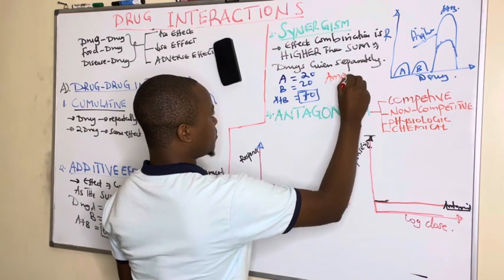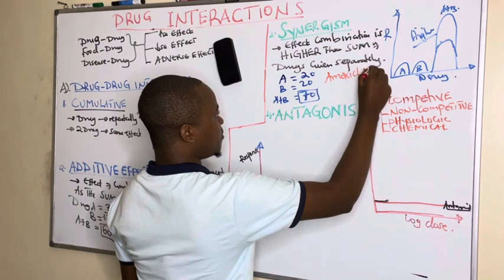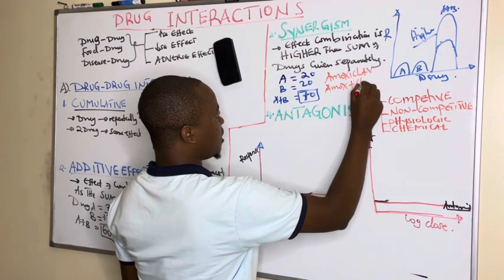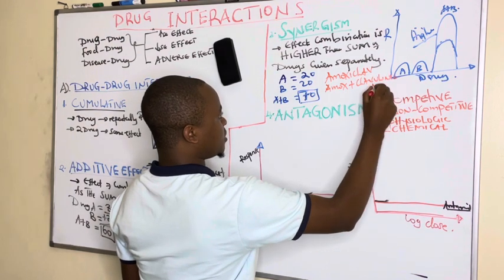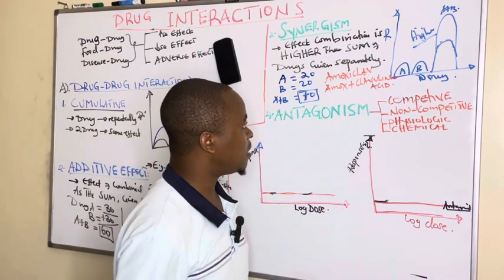And here we normally give examples like amoxiclav, whereby this amoxiclav is the combination of amoxicillin with clavulanic acid, whereby clavulanic acid is a beta-lactamase inhibitor.